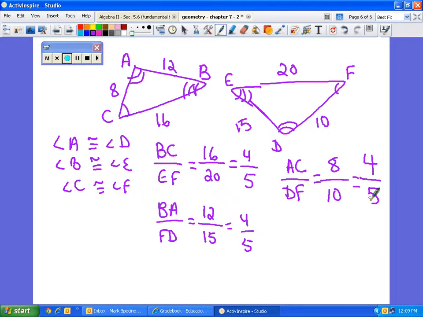Remember, it's only when you find two that are different that you can stop. Just because you find the first two pairs of sides similar doesn't mean you can conclude that they're similar. You have to look at that third side.